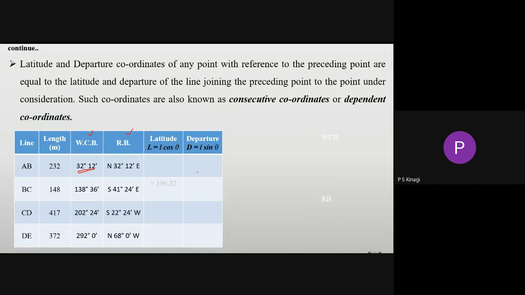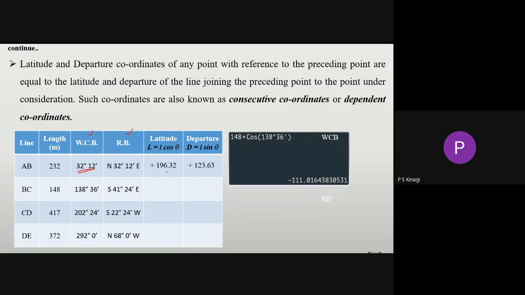So here, after calculation of L cos theta, L is the length given here, that is 232, and theta we can use as 32 degrees 12 minutes. In the RB also both are the same, so directly we can write it is the first quadrant, both latitude and departure are positive.